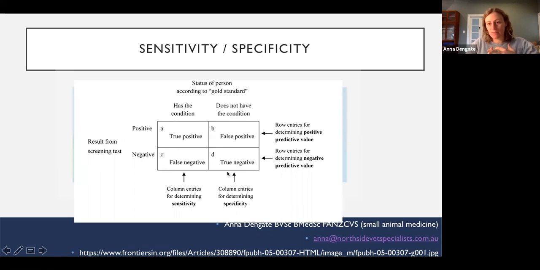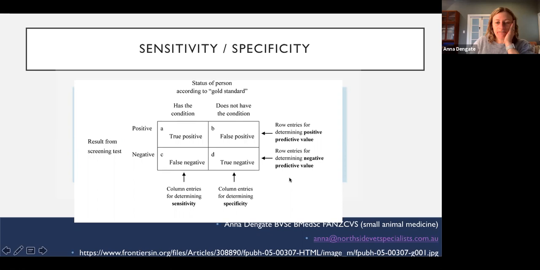So sensitivity and specificity refer to the true disease status, whether they have the condition or whether they don't. Whereas the positive predictive value and negative predictive value refer to the test result. If they test positive, do they actually have the disease? If they test negative, do they actually have the disease?